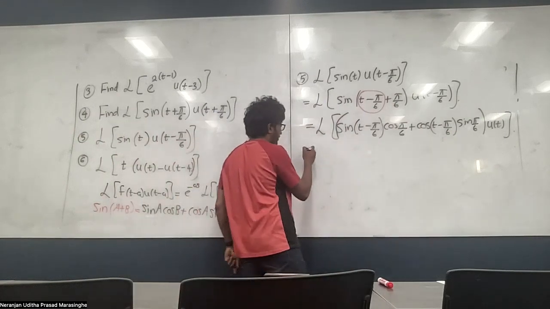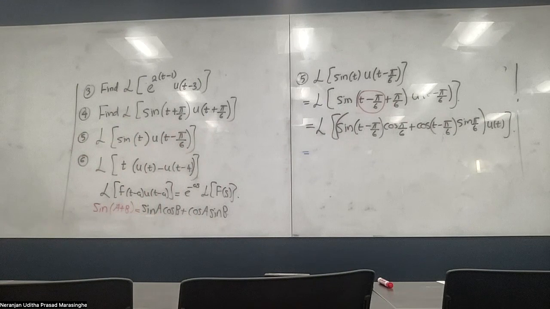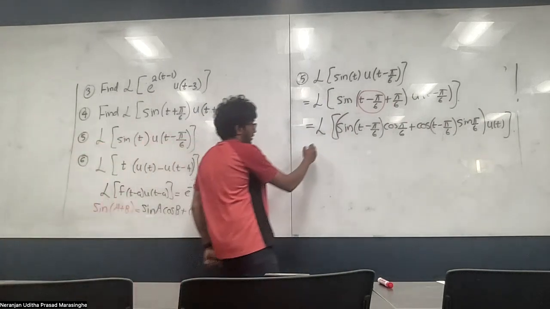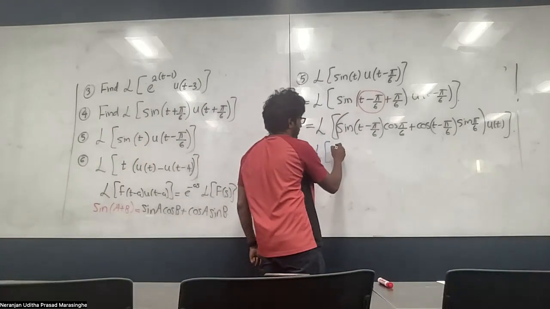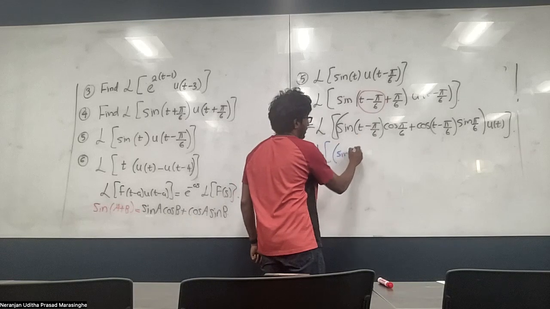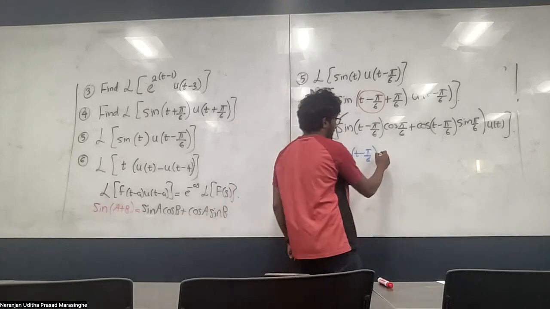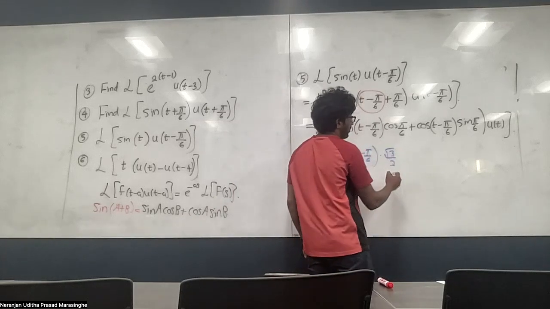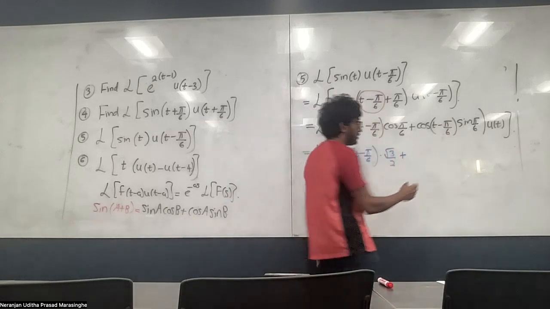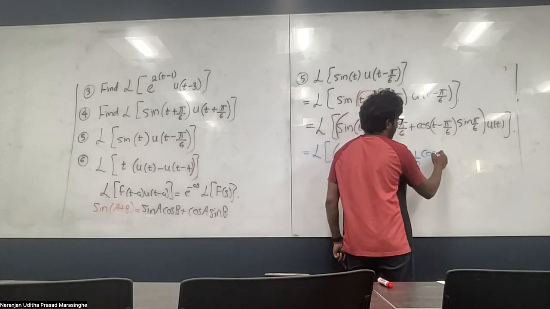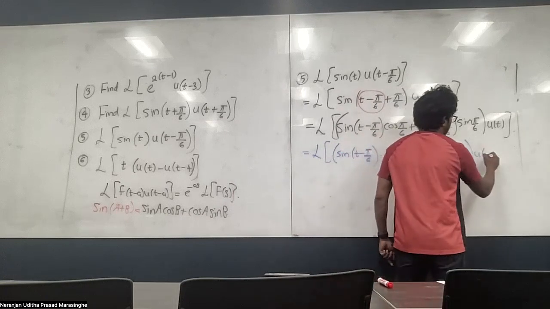So I could get the Laplace transform of sine of t minus pi over 6 times the square root of 3 divided by 2, and plus sine pi over 6 is 1 over 2, so 1 over 2 cosine of t minus pi over 6.